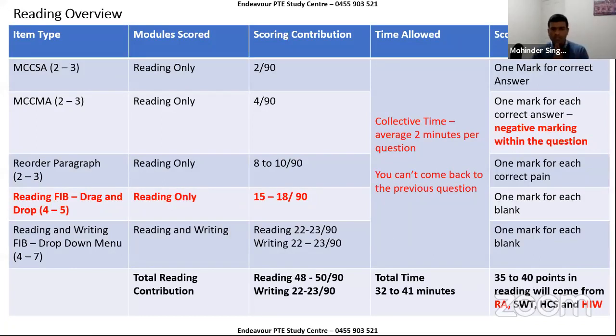Those were the calculations, and on the basis of that, you decide which question type is important. Now tell me, do you have any question? Whatever we had discussed. So in the exam, reading is in the first sitting. In first sitting, you will do 3 modules. You'll do speaking, followed by writing, back to back, and back to back reading. And then after reading, you will have optional toilet break, which is 10 minutes.